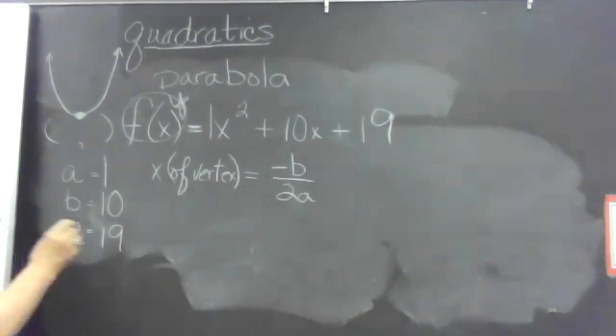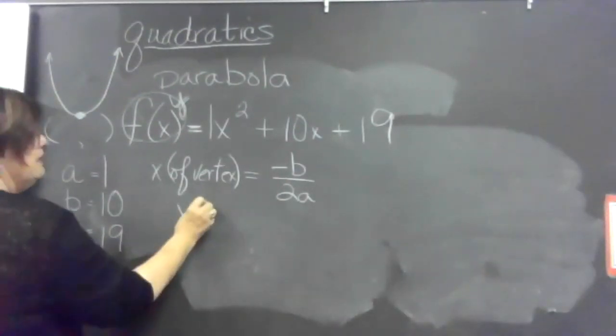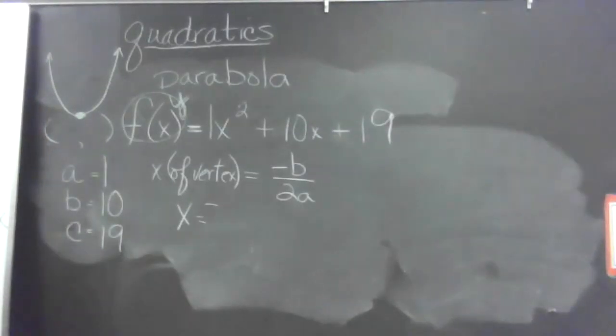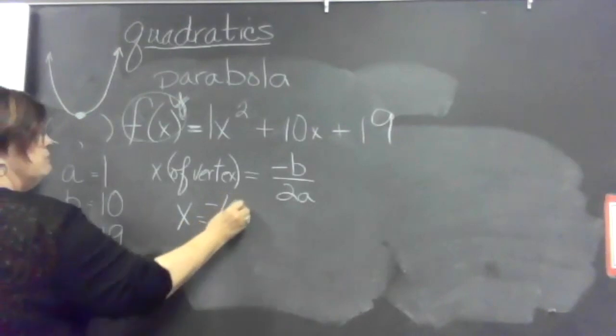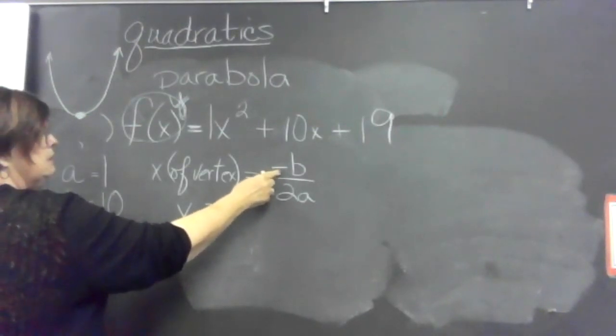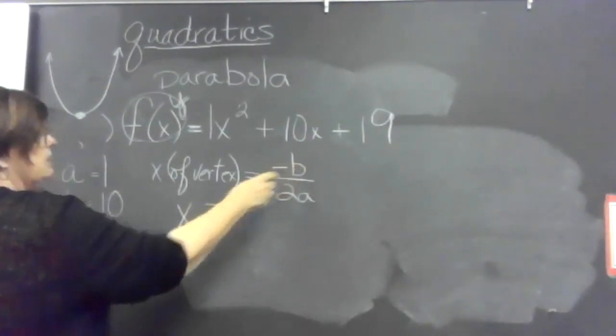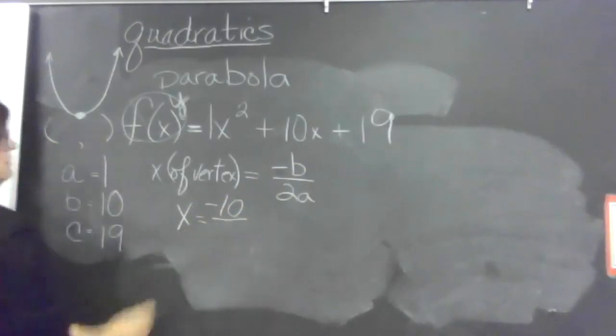All right, so x is going to equal a negative whatever b is. What's b? 10. Remember, the negative comes here because it's in the formula. Then whatever b is. If b was a negative, you would put another negative there.